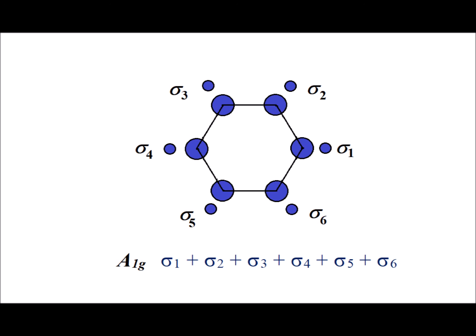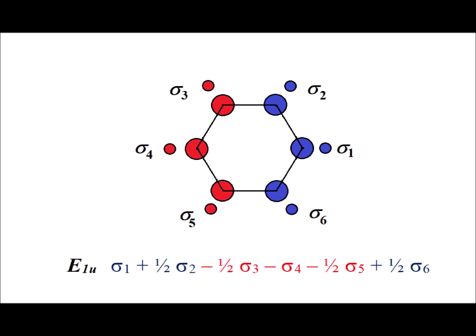A1G, the all bonding combination, is going to be the lowest energy of this group. So next we have the doubly degenerate E1U combination, now showing that we have orbitals on both the carbons and the hydrogens.